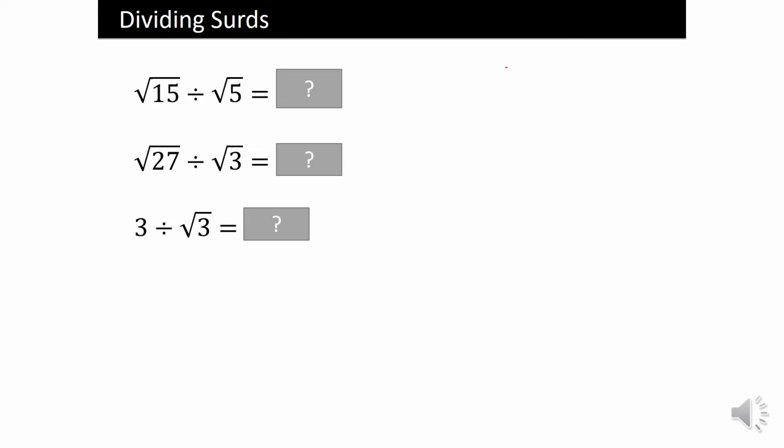So if we have a square root of something divided by the square root of something else, that is equivalent to the square root of that fraction. So similar to the multiplication one, we can use this to work out division surds. So if we've got root 15 divided by root 5, we can write that in this form, so root 15 over root 5.